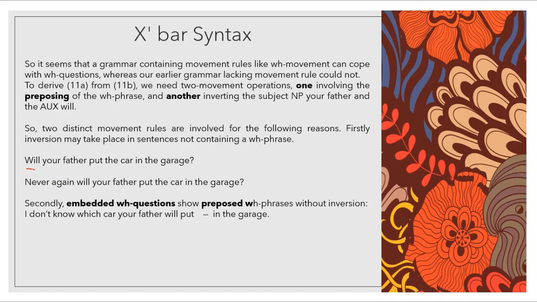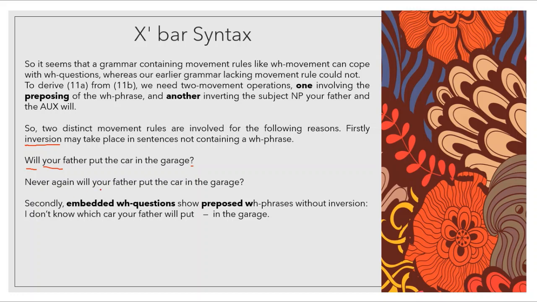Here we have inversion: will took the place of your father, and your father took the place of put. We have: your father will put the car in the garage. This is a normal sentence, but in order to make it a question we made this option, as if we do the subject inversion but split it here, the inversion. Okay, so will took the place of your father and your father took the place of will.